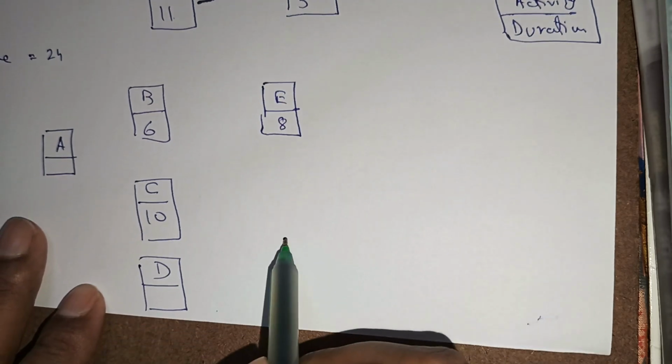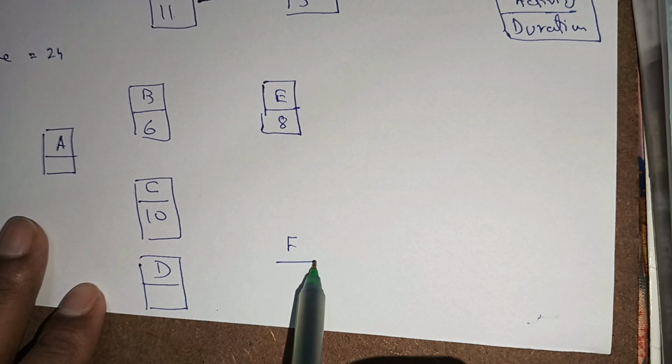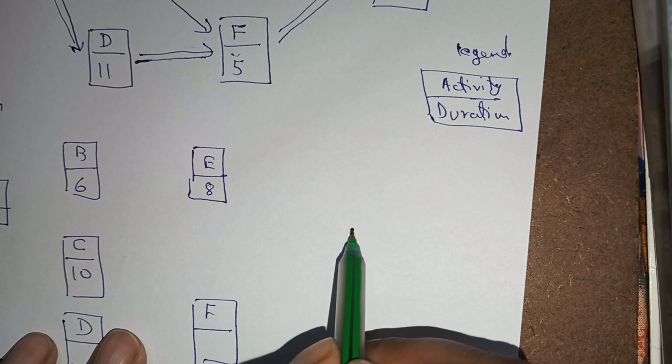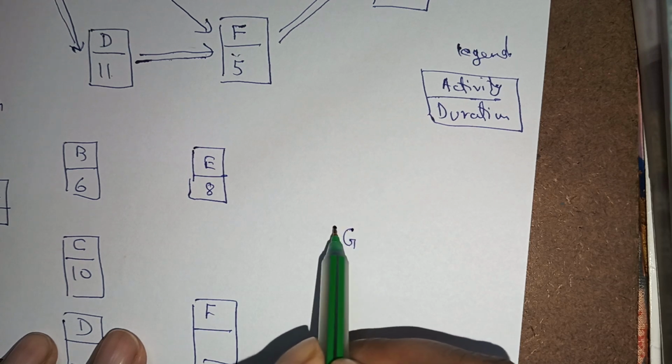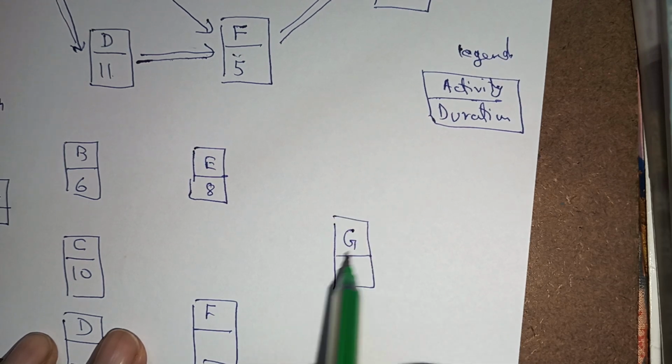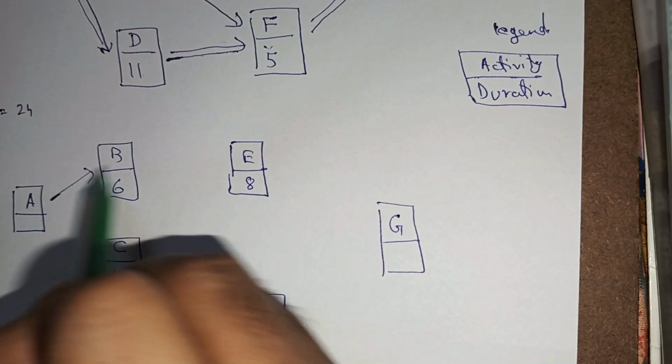E 8, F, again we can leave it blank, okay, and G, okay. We'll put the arrows again.